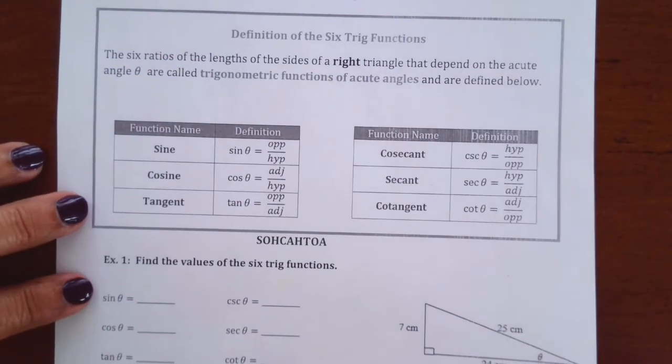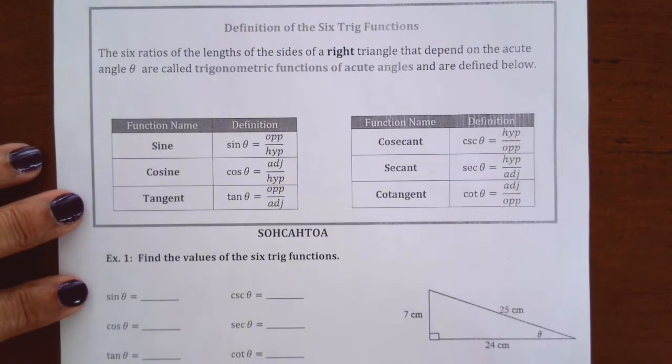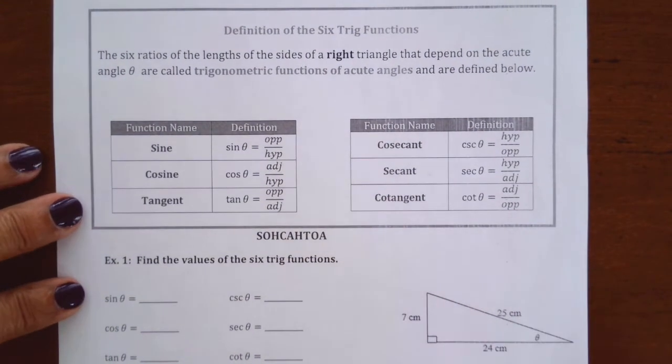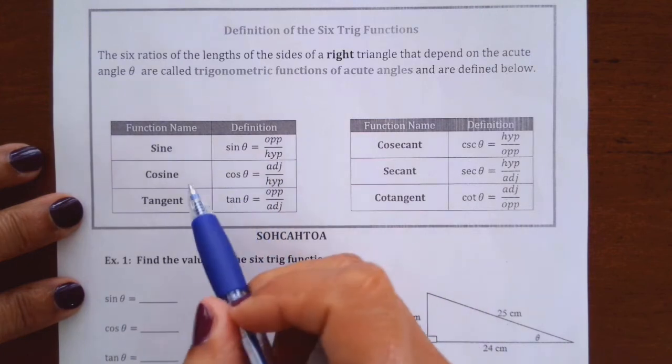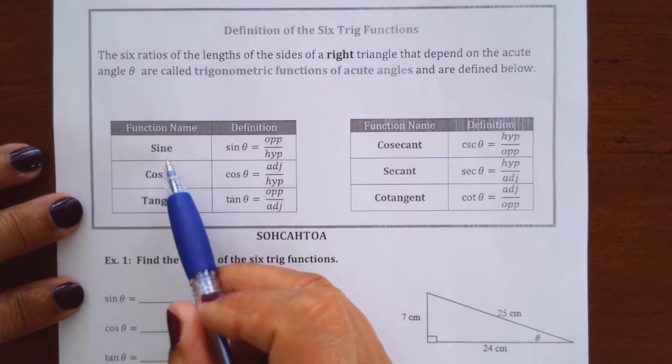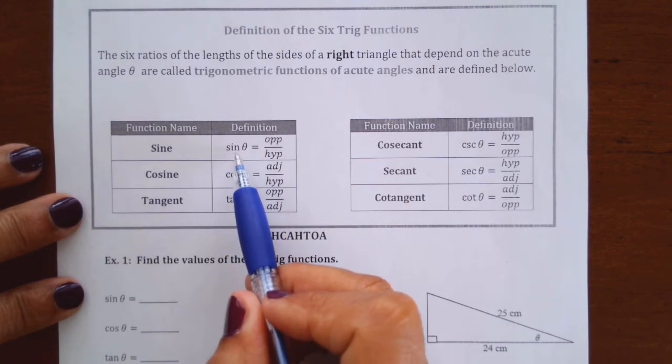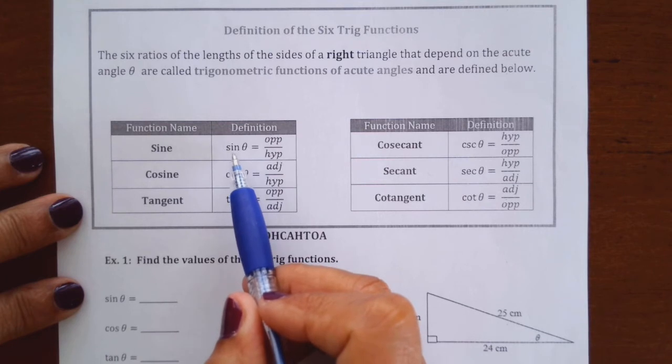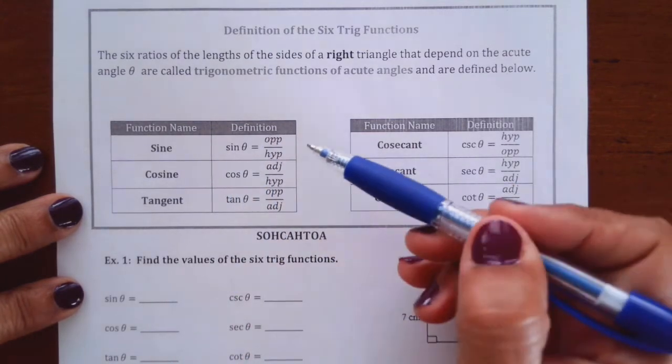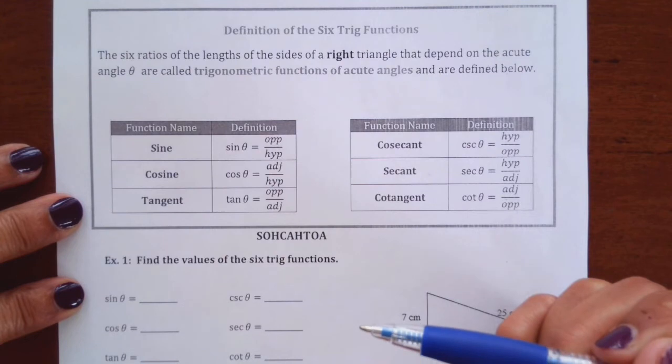So these 6 ratios have names in trig, and those names are given here in these tables, and their ratios are given. So the sine function, okay, which is abbreviated SIN, if you're looking for the sine of any angle, you're going to take the ratio of the opposite side over the hypotenuse. Okay.